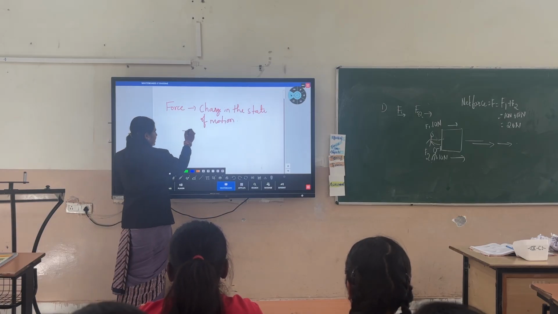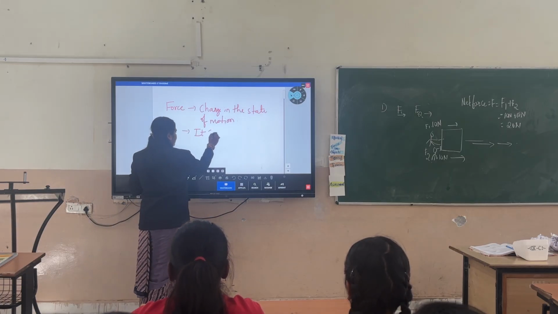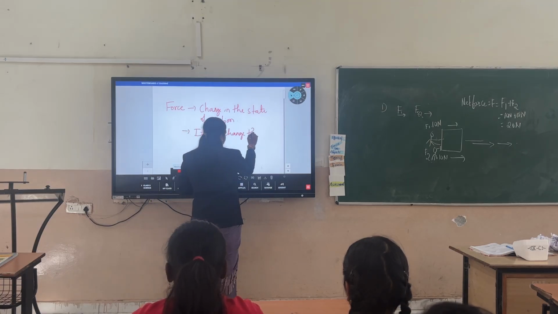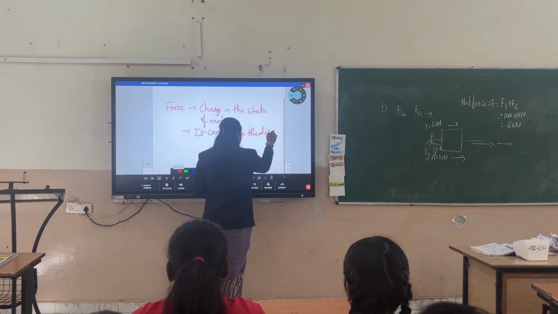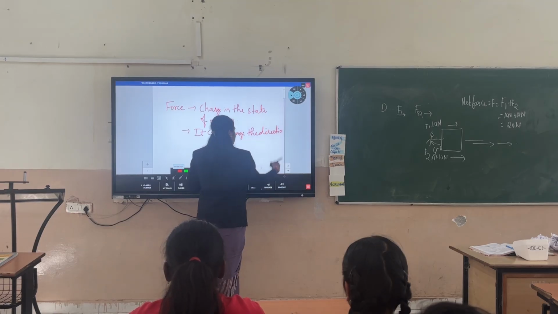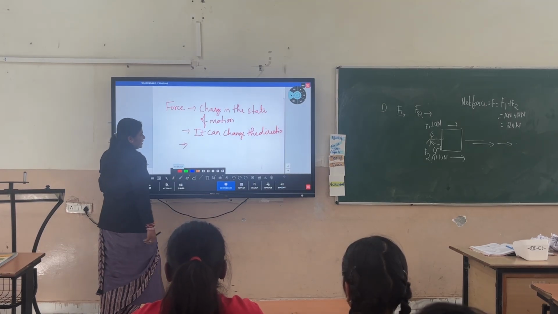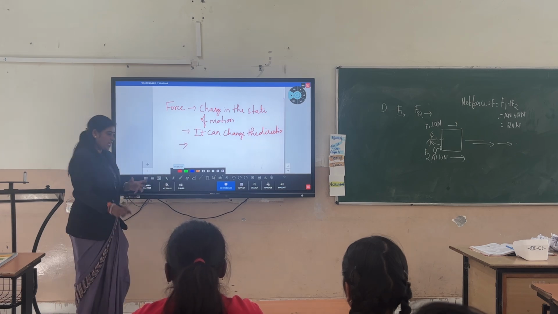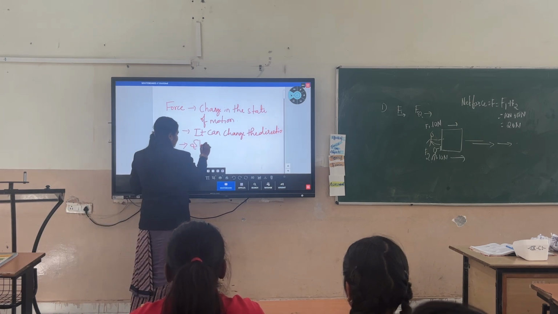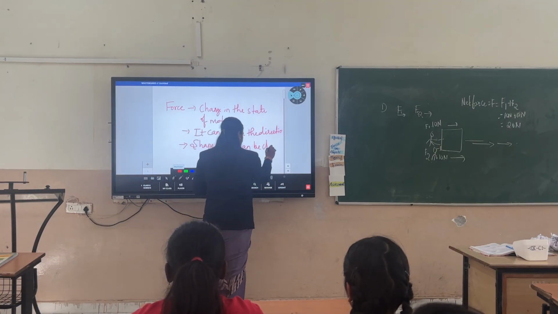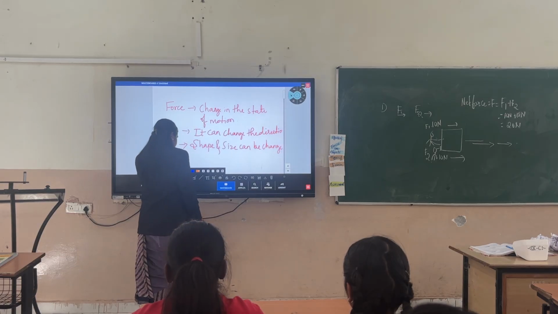So the second one is it can change the direction of an object. And the third thing is that it can change the shape and size. Yes, shape and size can be changed.